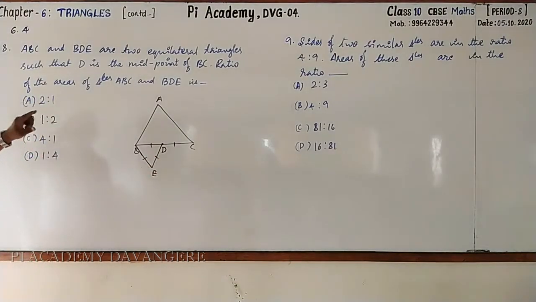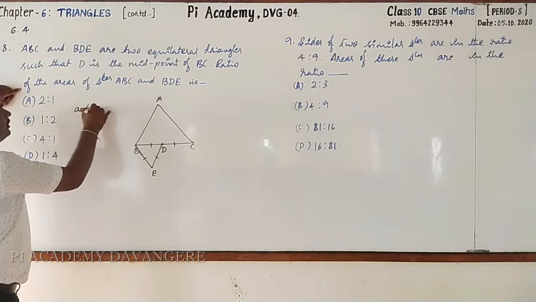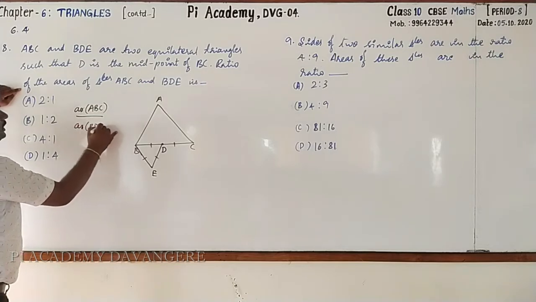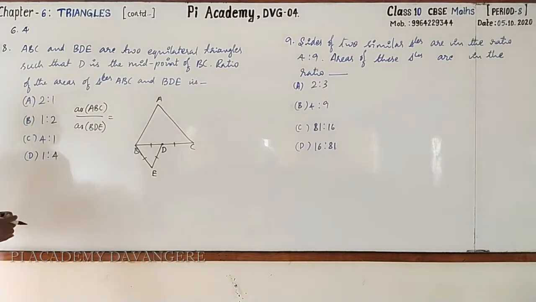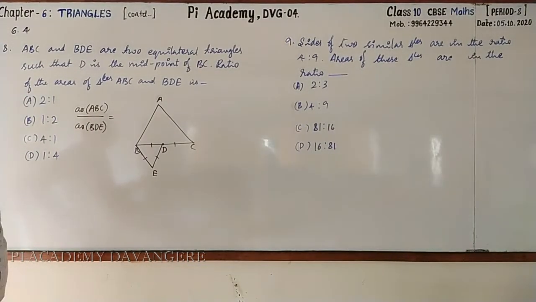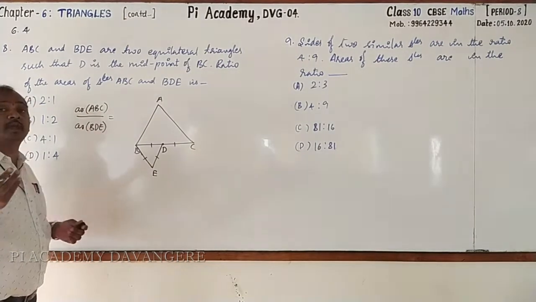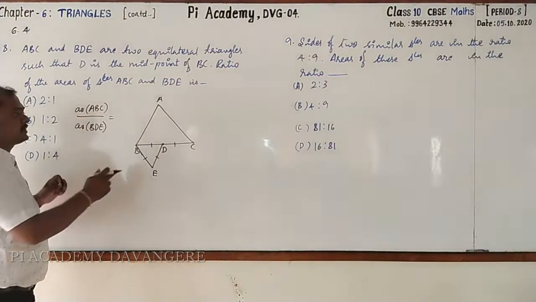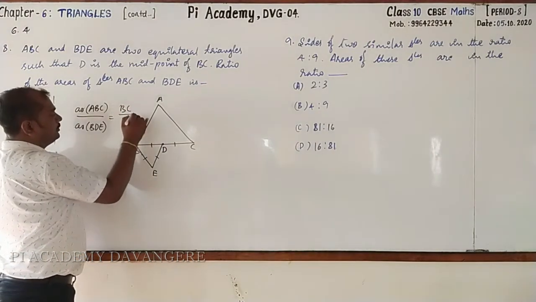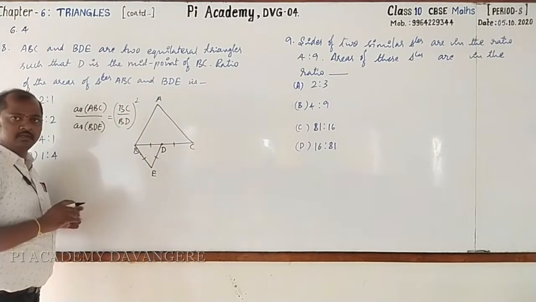Now, with this information, we have to find out the ratio of the area of triangle ABC by the area of triangle BDE. See, we know that all equilateral triangles are similar. Then the ratio of their areas will be equal to the square of the ratio of their corresponding sides. Then we can write BC by BD whole square. Did you understand? Okay.